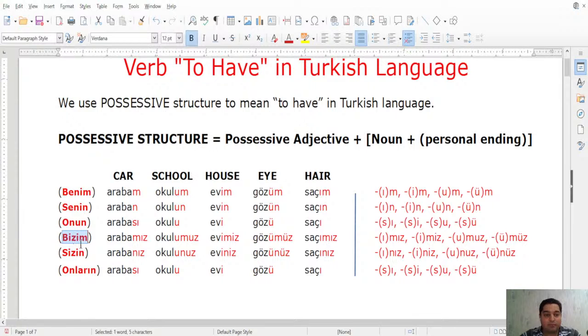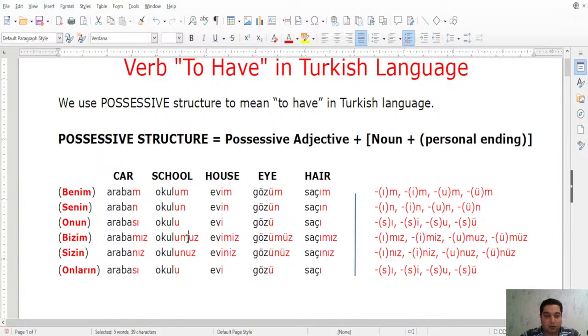For bizim, it is ımız, imiz, umuz, ümüz, and again, it is either mız, miz, muz, müz, depending on whether the noun ends in a vowel or a consonant. And araba, for example, ends in a vowel, therefore we just add mız, not ımız, but mız.